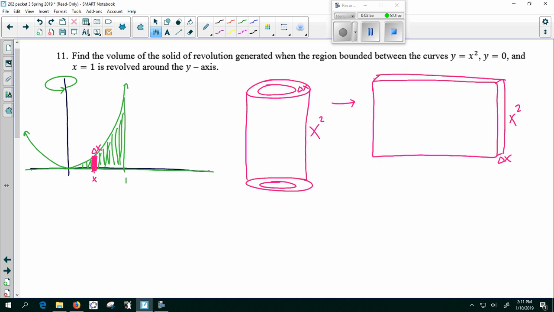So the circumference of that circle unrolled is going to be 2 pi r. And the radius of that circle is x. That's the distance from the axis of revolution to the rectangle. So it translates here as x, and over here 2 pi x.